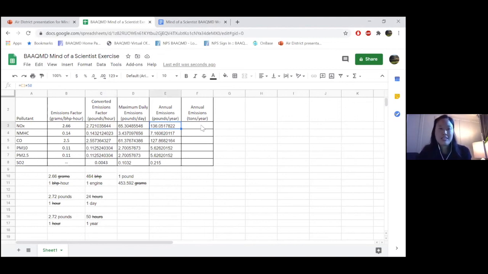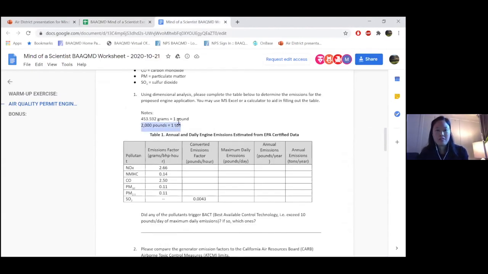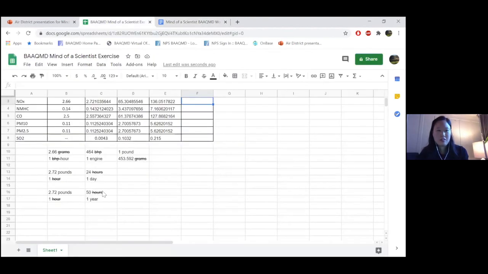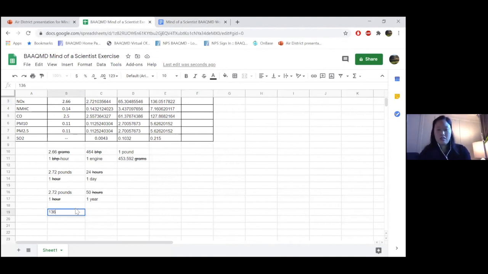And lastly, tons per year. We have pounds per year and we need to convert it to tons per year. And we know that there are 2,000 pounds in 1 ton. So we have 136.1 pounds per year, and we have 1 ton equals 2,000 pounds.